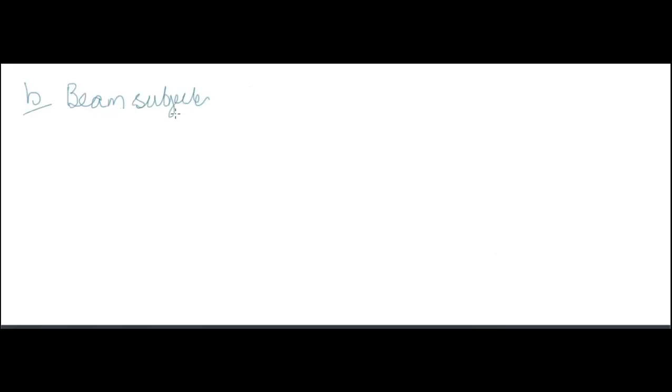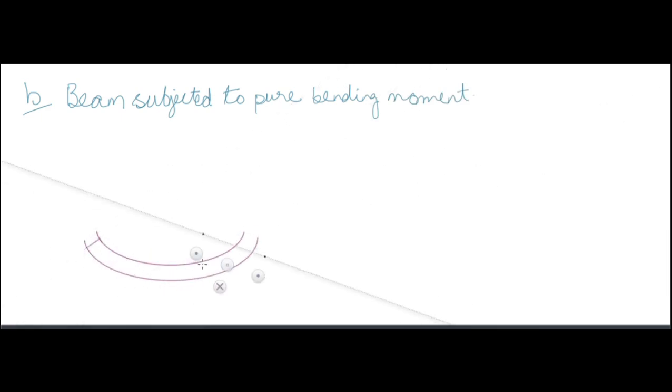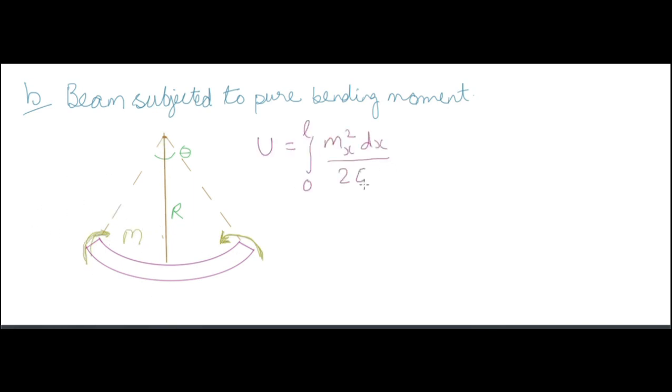Second, a beam subjected to pure bending moment. This is the beam, and it is subjected to a pure bending moment, meaning only a bending moment is acting on the beam, and that bending moment is M. R is the radius of curvature and theta is the angle obtained at the center of curvature.